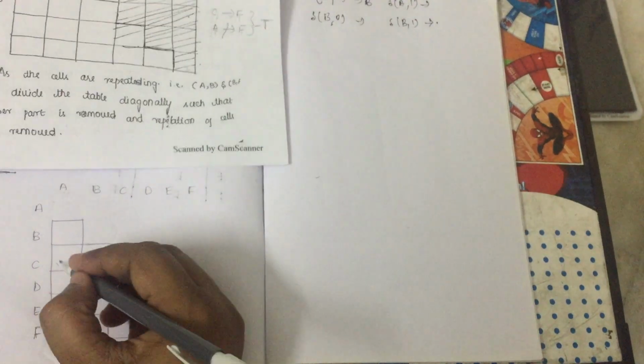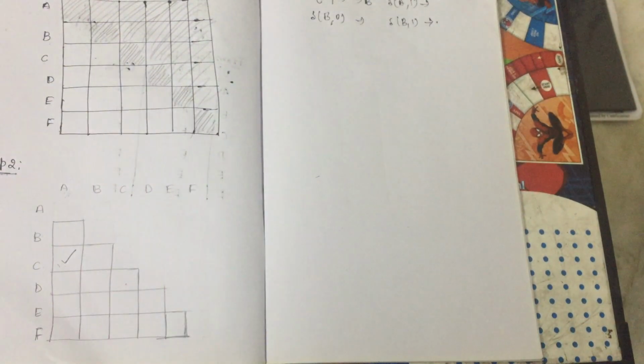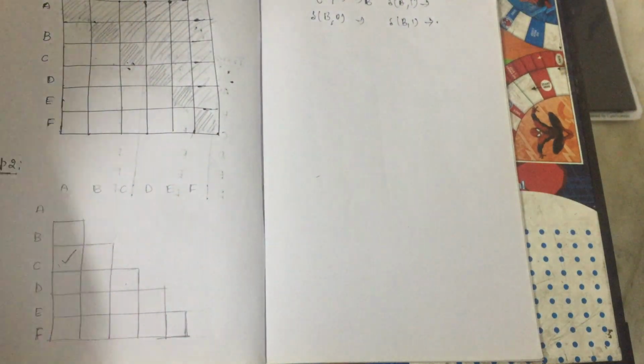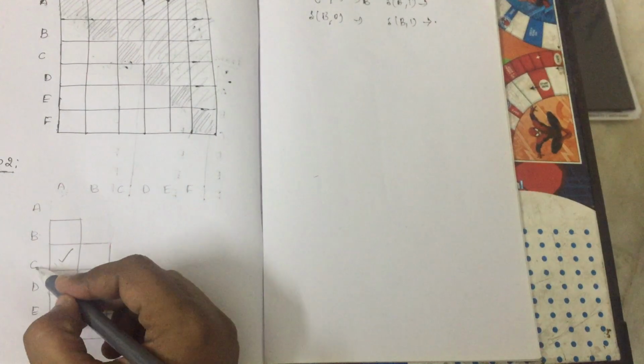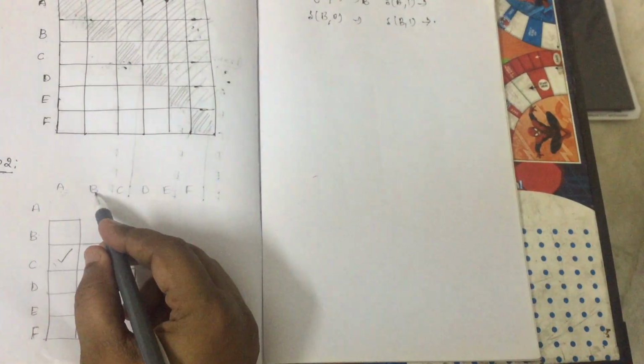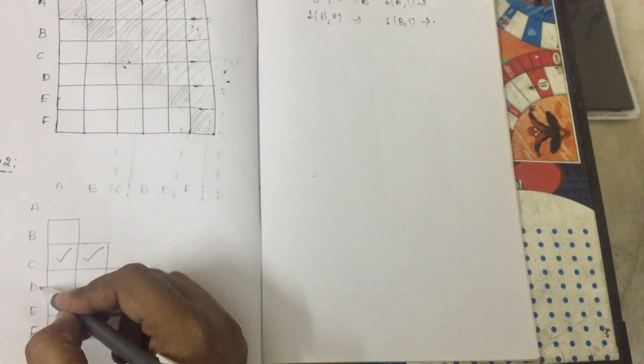Now mark it. Similarly, if we observe C and B, C belongs to the final state and B does not belong to the final state. So mark it.